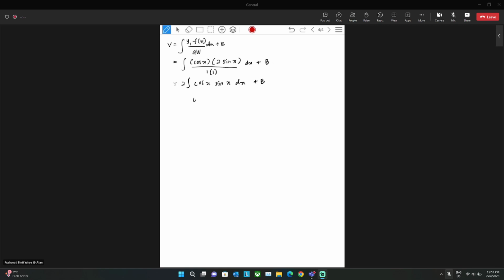So u equal to sine x, du equal to cos x dx.